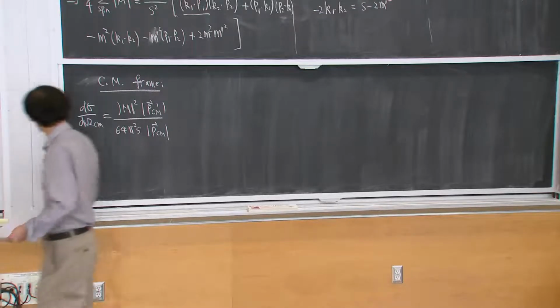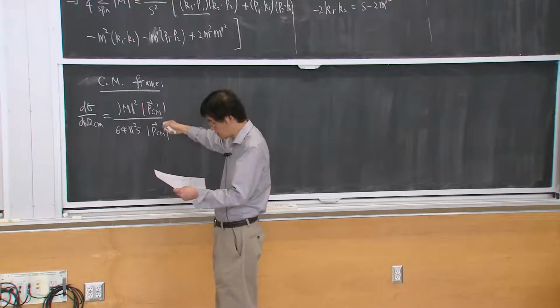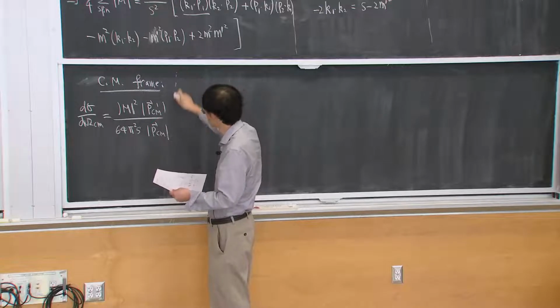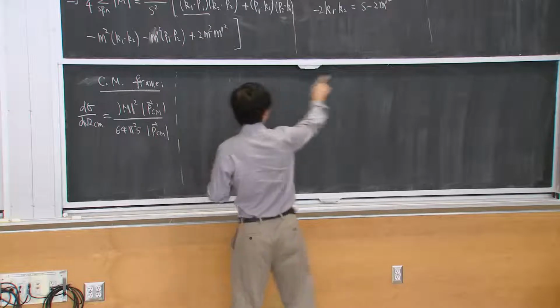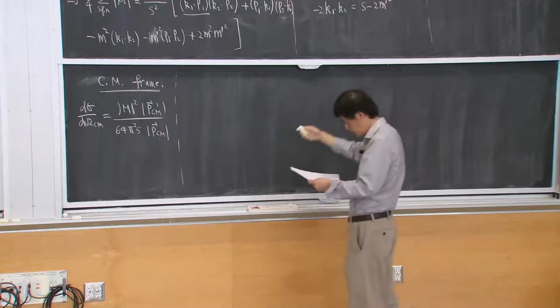So now we also need to find p cm, etc. We also need to express the amplitude in terms of the center of mass variables.